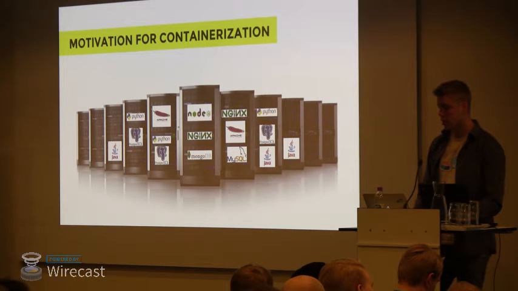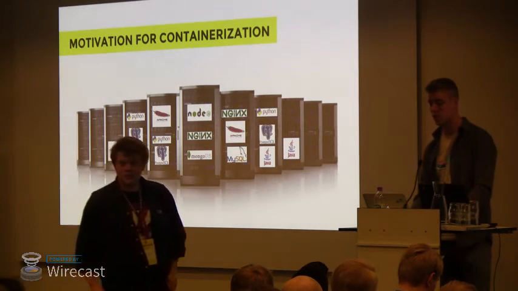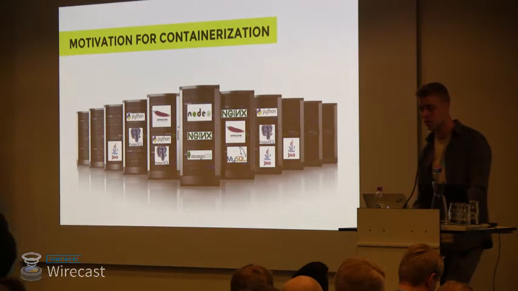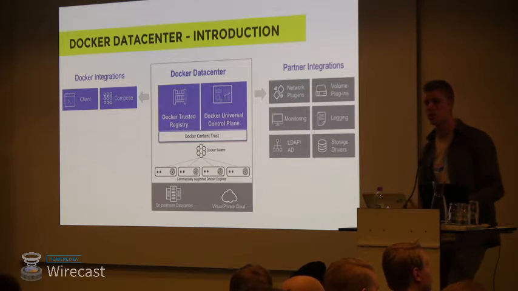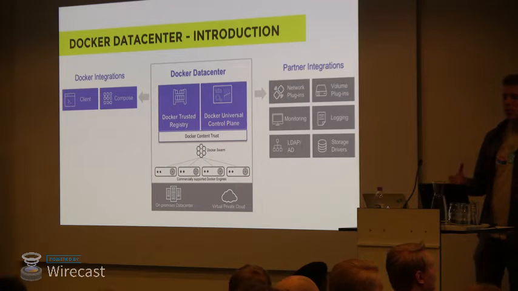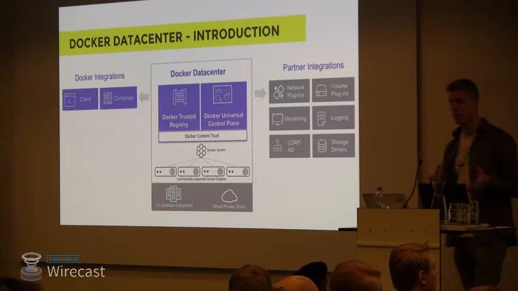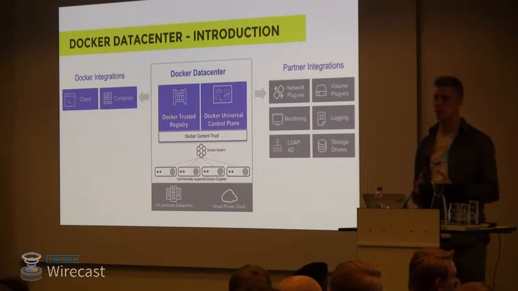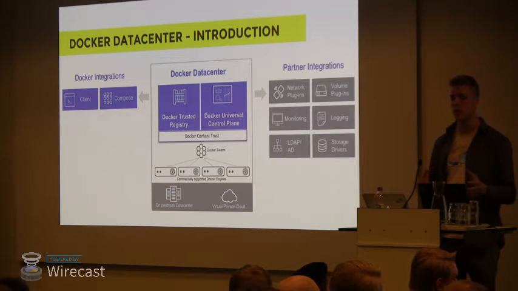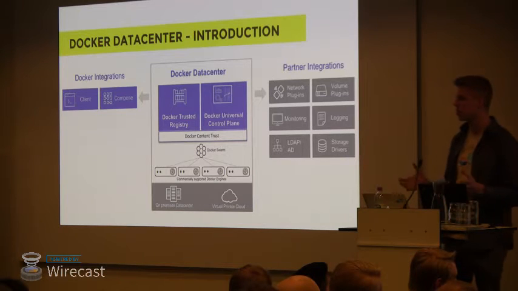So there are many other products, as we saw. OpenShift is a good one, and then we have Mesosphere, we have Rancher, and this time we're just going to take a look at the Docker DATACENTER. So about the DATACENTER, what it is, it's basically a set of nodes running on-premises or in a private cloud, and instead of Kubernetes, it's managed with Docker Swarm, which is like a simplified version of Kubernetes, basically.